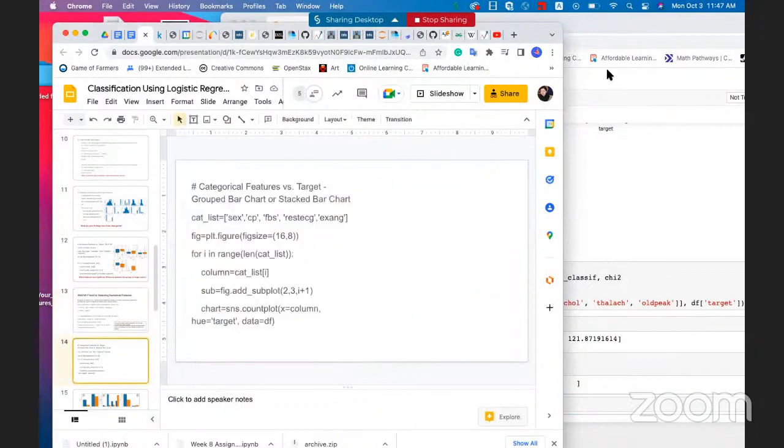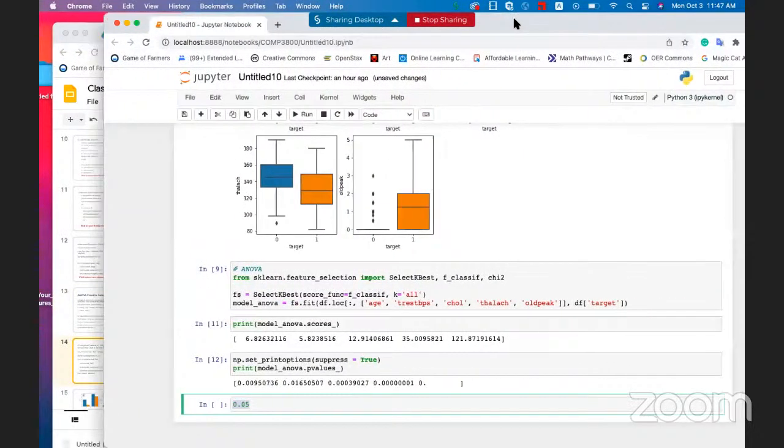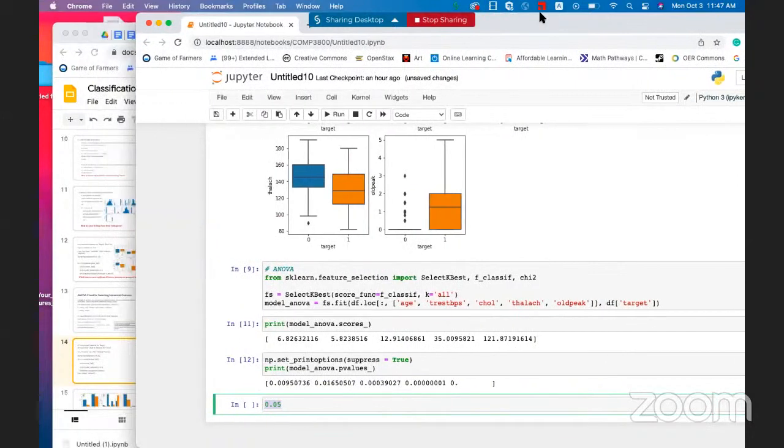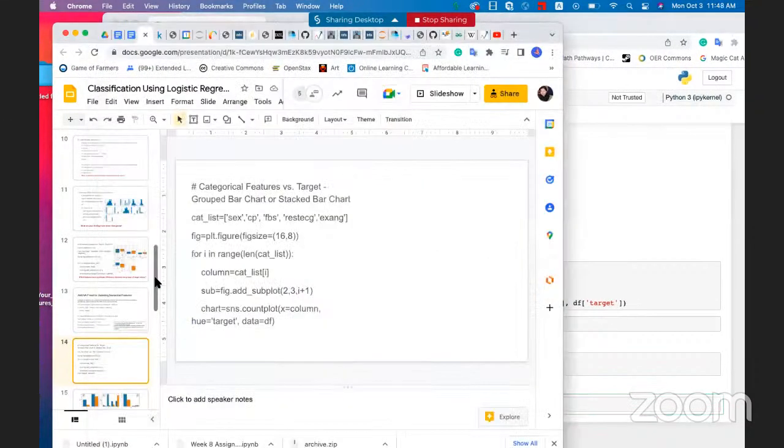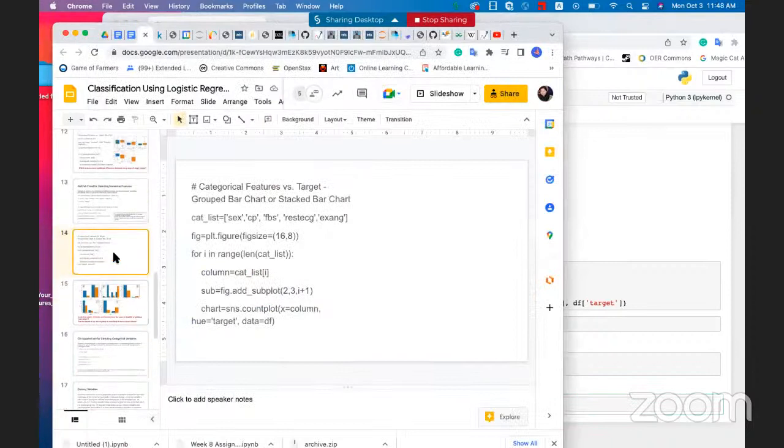Okay. So next, we come to the categorical variables, categorical features. The ANOVA test is for a numerical variable versus the target variable, which is categorical.